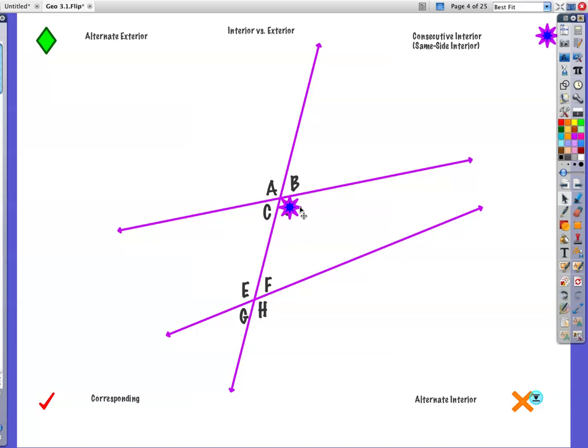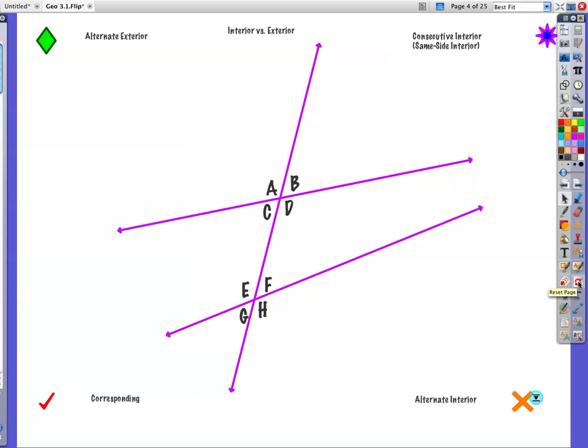So D is on the interior. Now I need the one that's consecutive with that. Angle D and angle F are considered to be consecutive interior angles. And if I move this over here, angle C and angle E are also consecutive interior angles. And those are the only pair that we have that are consecutive interiors.